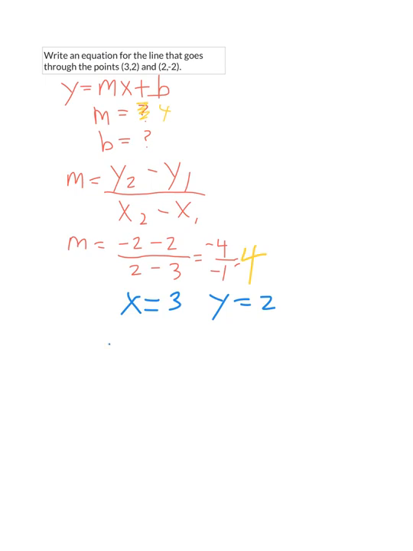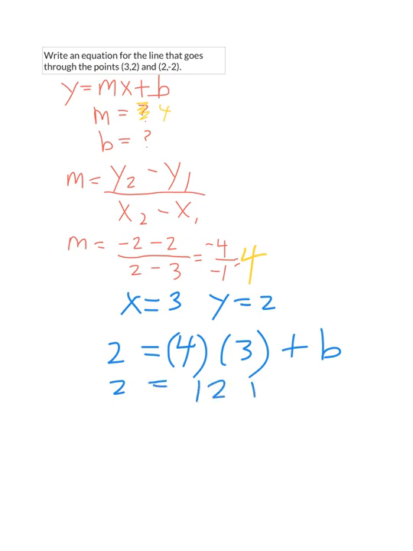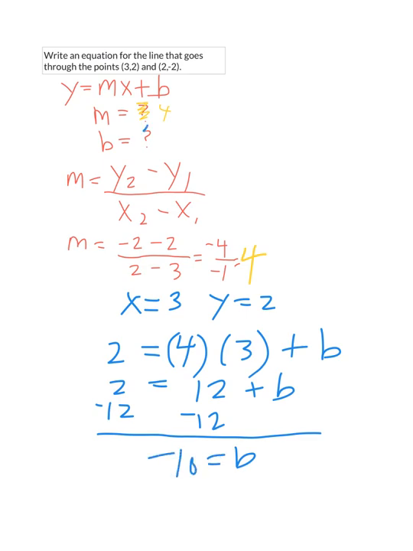So y is equal to 2. m, I just calculated, is equal to 4. x is equal to 3, plus b. 4 times 3 is 12. Minus 12 from both sides. And I get b equals negative 10. So I'm going to come back up here, cross that out, and write in negative 10.